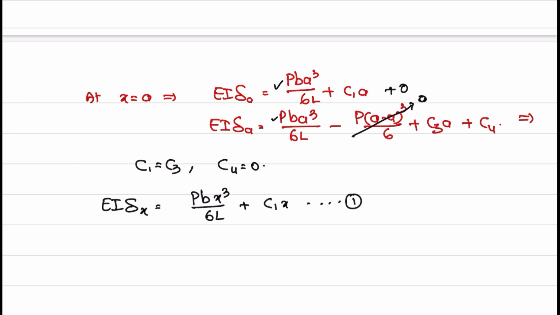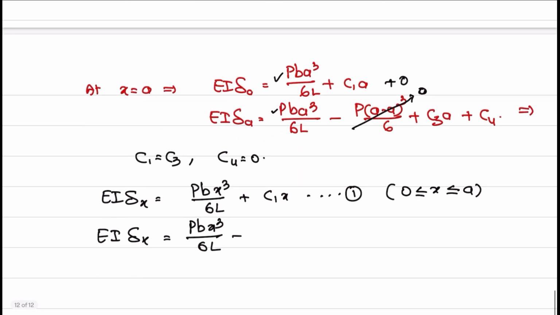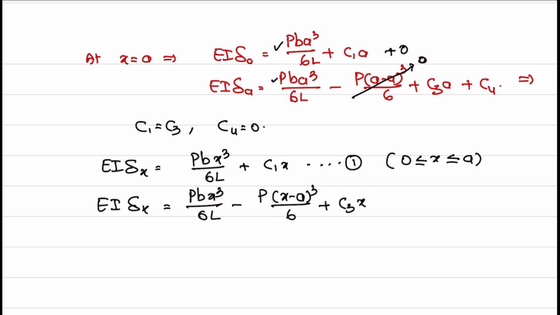This is one equation between 0 less than or equal to X less than or equal to A, and EI delta X is equal to PB X cube by 6L minus P into X minus A whole cube by 6 plus C3 X. This is the second equation, for A less than or equal to X less than or equal to L.